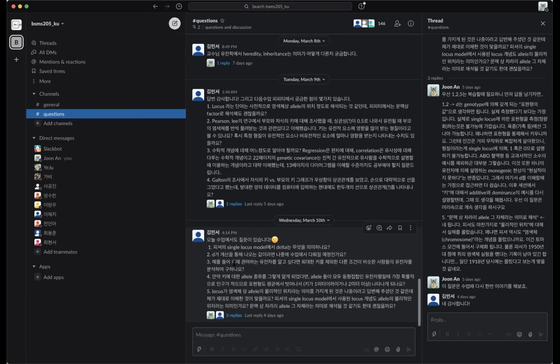And the fourth question from Minza was, once we know about the allele related to height, if the allele is homozygous, she thought there must be a huge impact on the height.